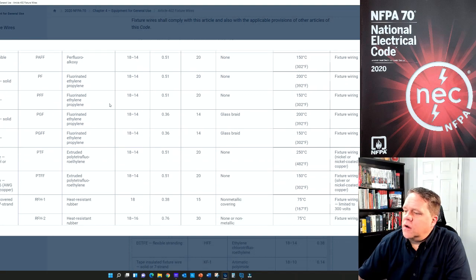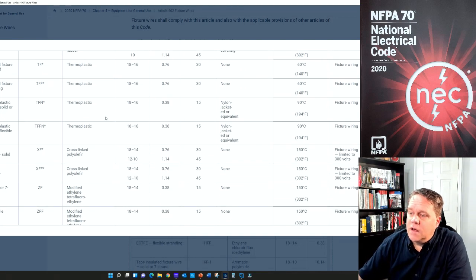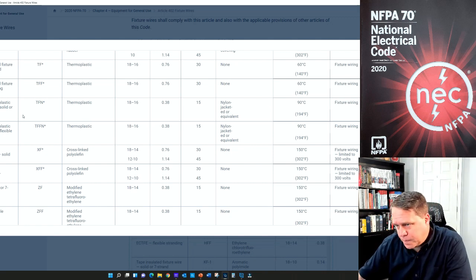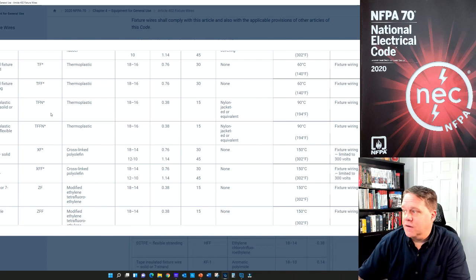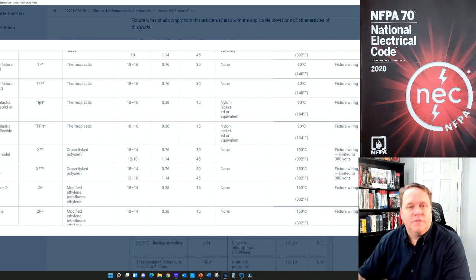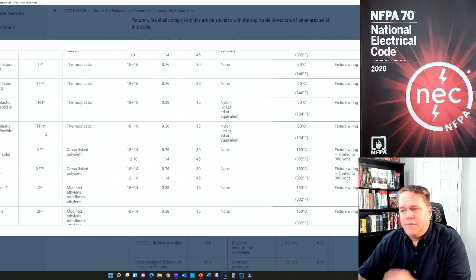If we scroll on down to the most commonly installed types, that would be TFN and TFFN. So TFN is a thermoplastic insulation, like you might have guessed. N is what? Nylon jacket. Perfect. F is what? Fixture wire. Two F's is what? Flexible fixture wire.